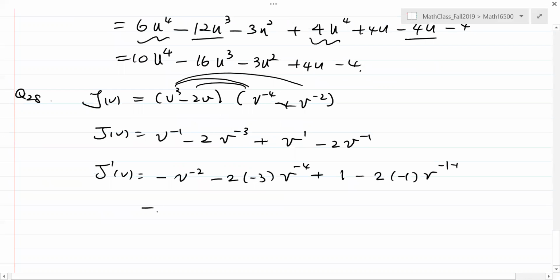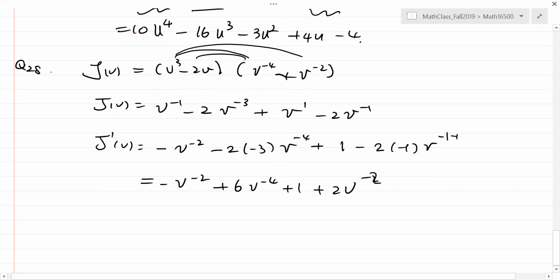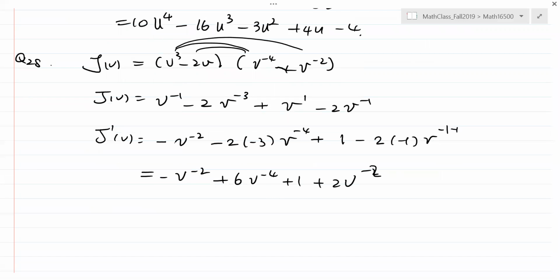Okay, let's simplify it. So that's it. We're not able to simplify it further a little bit. That first term and last term can be grouped together.